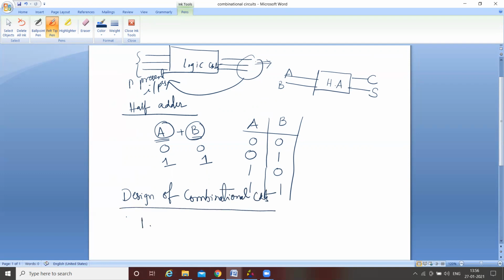Okay, first one is identify inputs and outputs. Next, construct truth table.